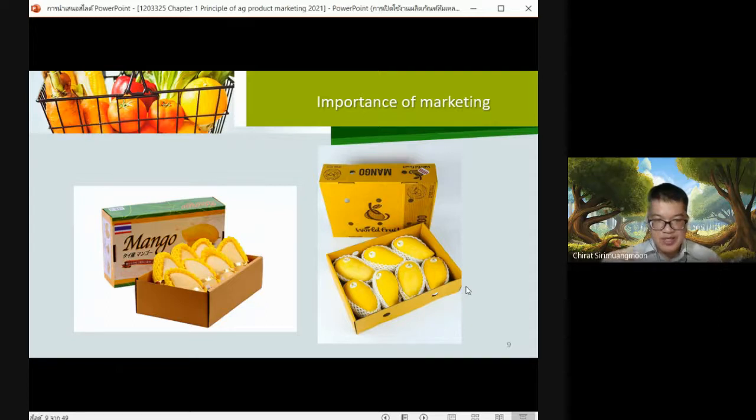Then they put it in the box and send it to Japan by airplane. So it will take a shorter time. Then you can show and sell the product very fast, and it's good for quality too. So see, marketing is involved in the presentation, the transportation, and also the protection of the fruit products here.